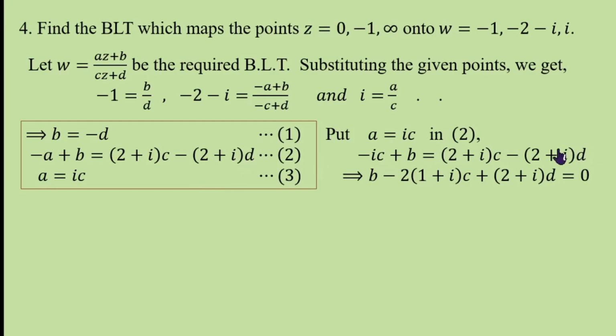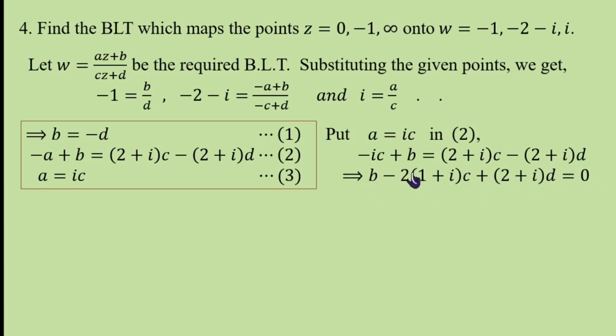Now A is eliminated. Or you can write like this: B, and then (2 plus i)C, take left side, minus 2 minus i, minus i. So minus 2 times (1 plus i)C, minus 2 minus 2i, that is minus 2 times (1 plus i), and minus, take left side, it becomes plus (2 plus i)D equal to 0.